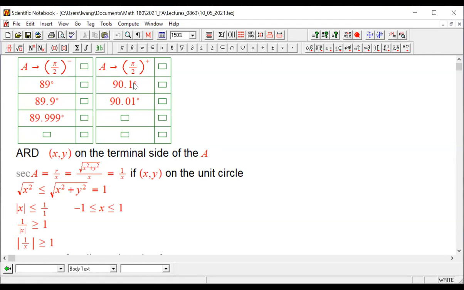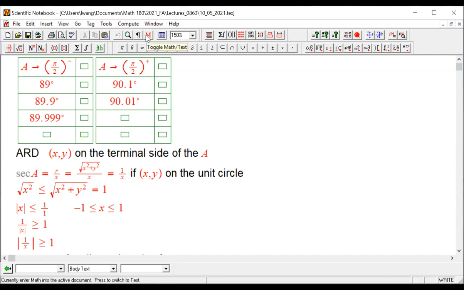So on this side you are approaching 90 degrees, getting closer and closer from smaller than 90 degrees, and on this side you are approaching 90 degrees from larger than 90 degrees, to observe for yourself.